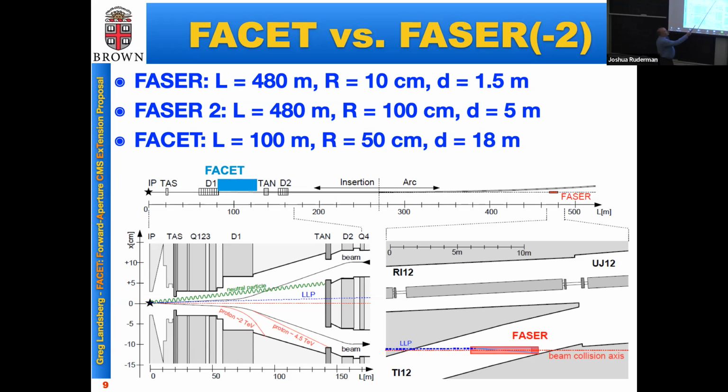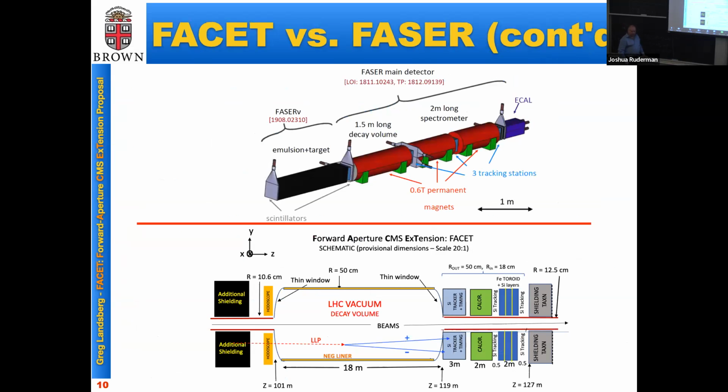So this is, of course, a factor of nearly 500 improvement over FASER. But you'll see that FACET, which has L of 100 meters, so the solid angle is 25 times bigger, a radius of 50 centimeters, which is 25 times bigger than the original FASER and 4 times less than FASER 2, and a decay volume of 18 meters, would be very competitive, as I'll show you in the plots. And that's how the technology compares. So FASER is built of rather old technology.